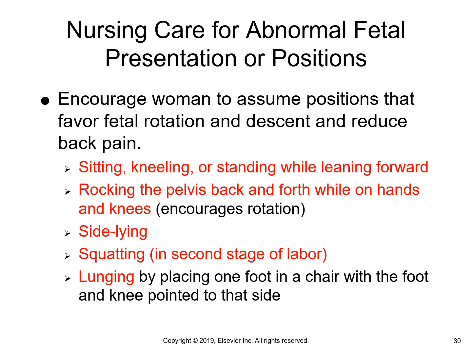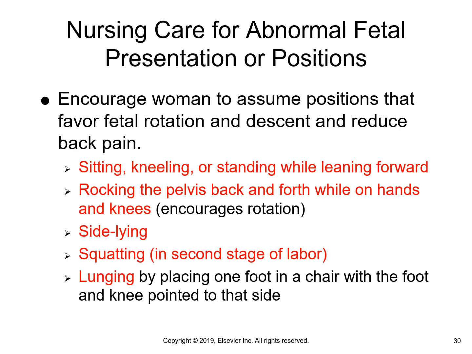Nursing care for abnormal fetal presentation or positions: we encourage the woman to assume positions that can help the fetus hopefully rotate or descend, and also reduce the back pain of the mom, right?